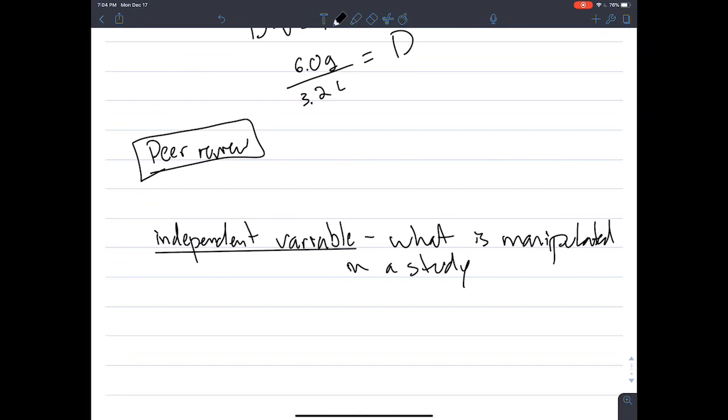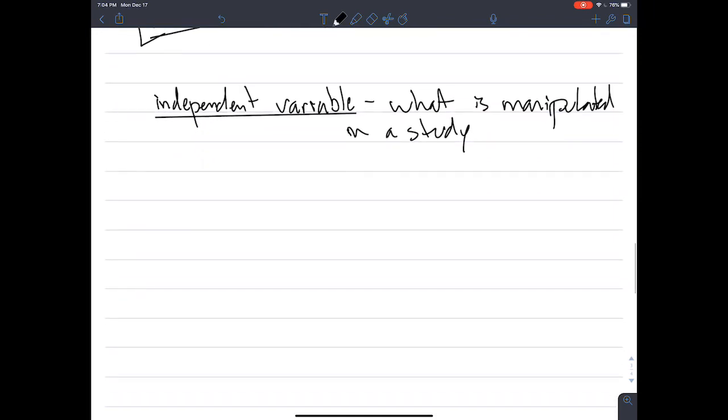If you are doing a study on how well different age groups do on a test, and you have some high schoolers, some college students, some adults and some elderly people, your independent variable there would be the age, because that's what you're changing. You have different groups of people, you're changing the age of your participants. That's what you are changing in the study.